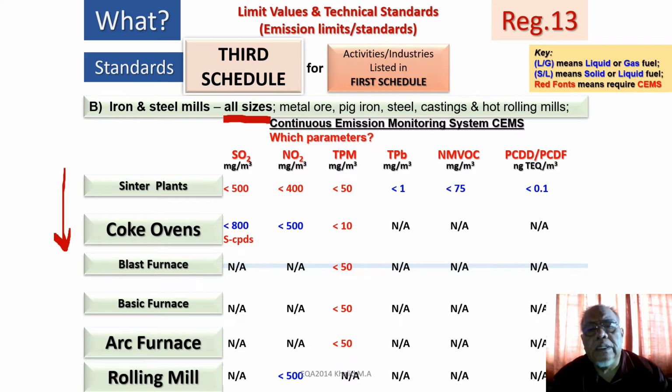There you are: sulfur dioxide, nitrogen dioxide, total particulate matter, total lead and non-methane volatile organic carbon, and also this one is about PCDD, polychlorinated dibenzodioxin, and PCDF, which is polychlorinated dibenzofuran.